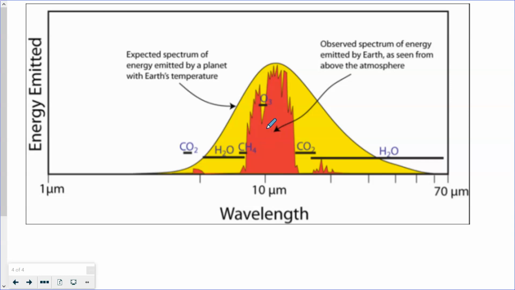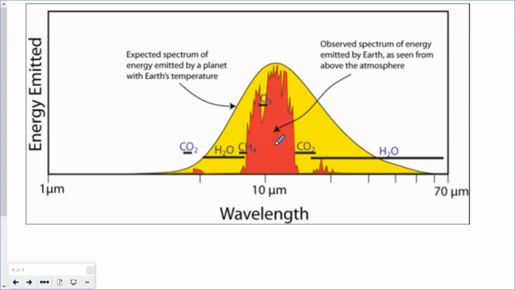Those are our 3 greenhouse gases that are the primary causes of warming of our atmosphere, trapping outgoing infrared radiation and incoming infrared radiation. Again, ozone is also on there, but it's not considered a greenhouse gas, but it is showing some absorption due to other processes.